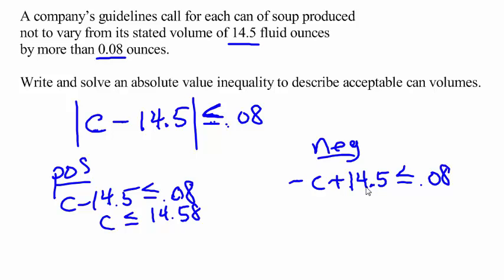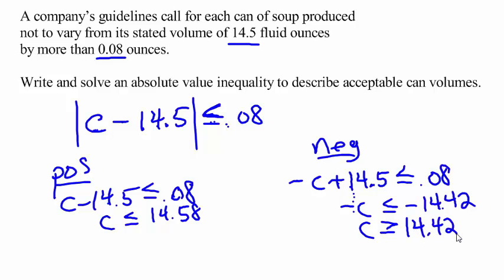Here when you subtract 14.5, you get a negative 14.42, I hope. And when you divide away the negative 1 in front of the C, you have to switch your sign to a greater than or equal to, and then a positive 14.42.